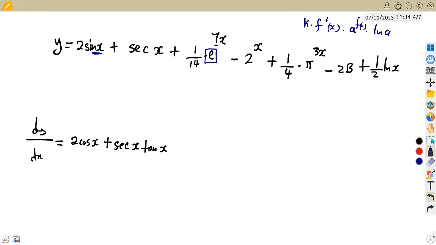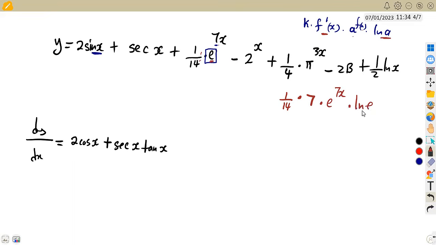So if we check from this part, our k in this case is 1 over 14. So we're going to have 1 over 14 times the first derivative with respect to x, which is of 7x. So if we differentiate 7x, that will be a 7, times, in this case, a to the exponent of, which is this e. So it's e to the exponent of 7x times the ln of a, the ln of the base.